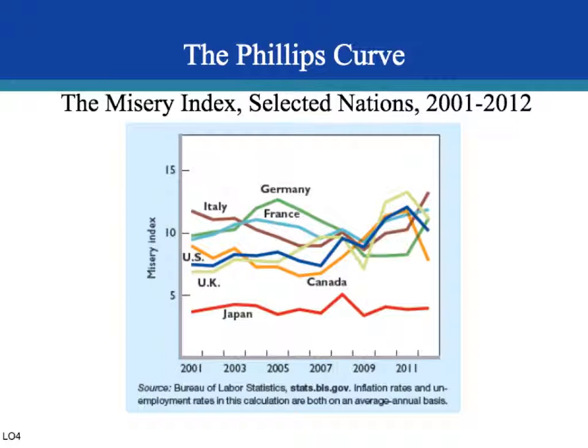However, they have failed to sustain positive economic growth in the last 2 decades. They've remained very stagnant, whereas Germany has sustained great economic growth, but they are much higher than Japan. You can see here the US is in the middle. And so, most economists don't consider a change in inflation the same as a change in unemployment.